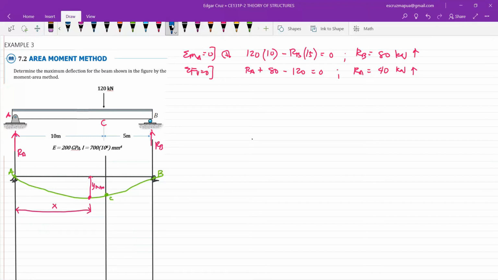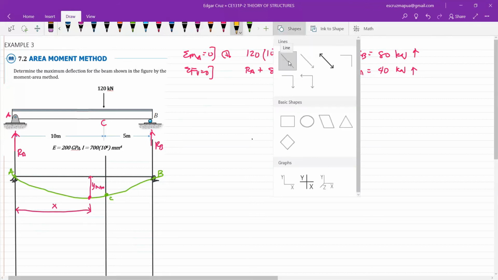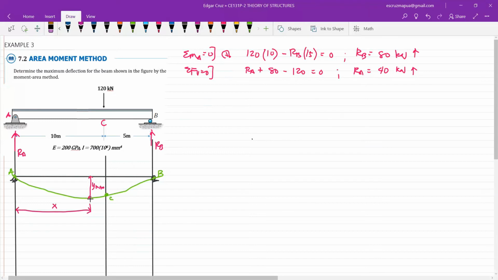So how do we solve for the maximum deflection? Ano ba yung alam natin when it comes to maximum deflection? Diba alam natin na pagka maximum deflection, if we draw a tangent line at that maximum deflection, that is the lowest point of the elastic curve actually, diba? So the tangent line would be something like this.